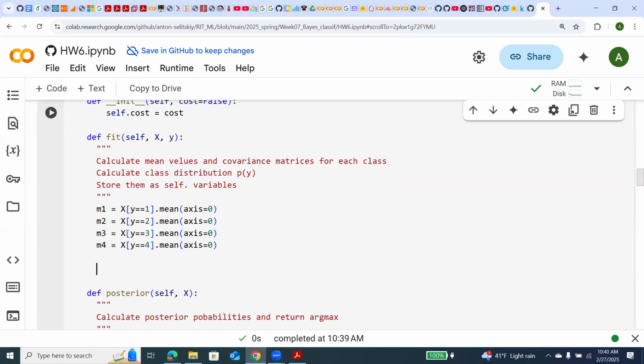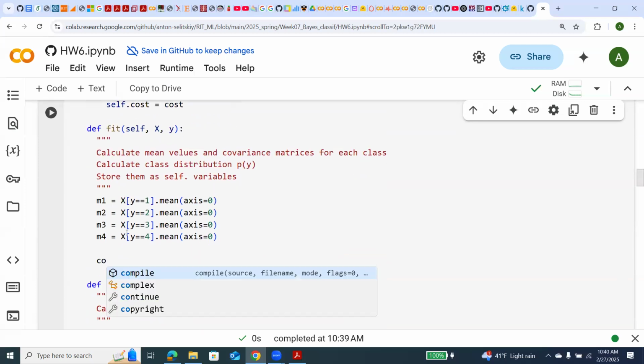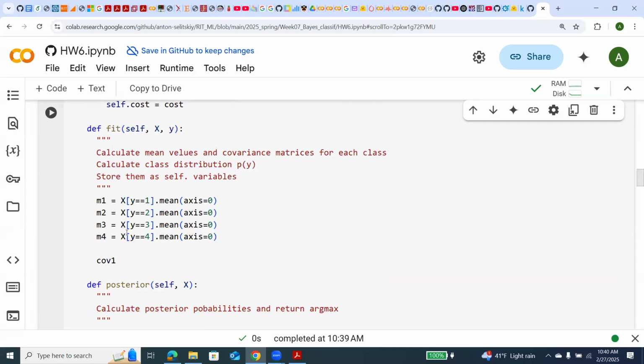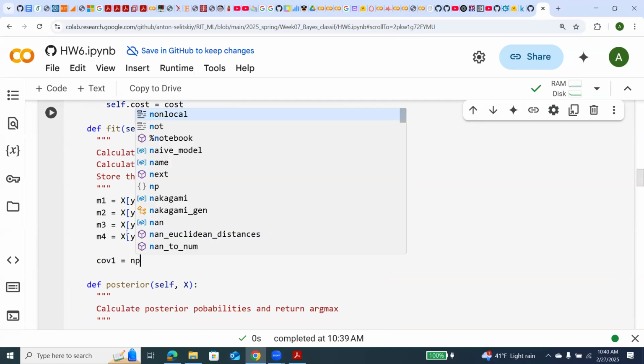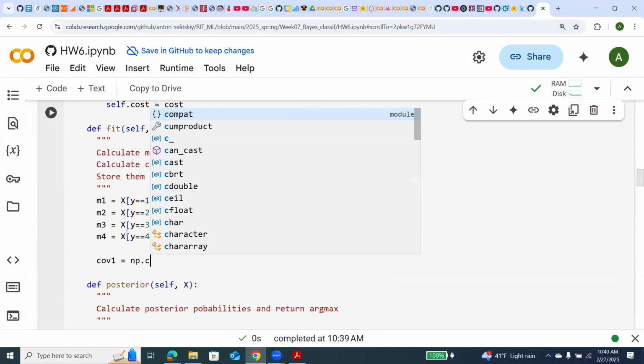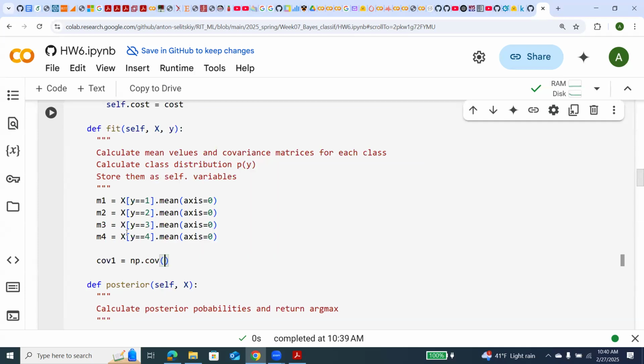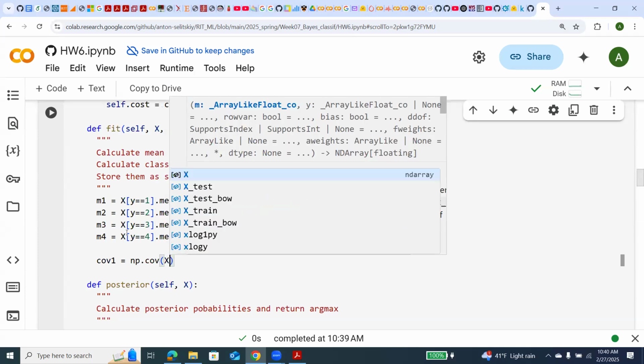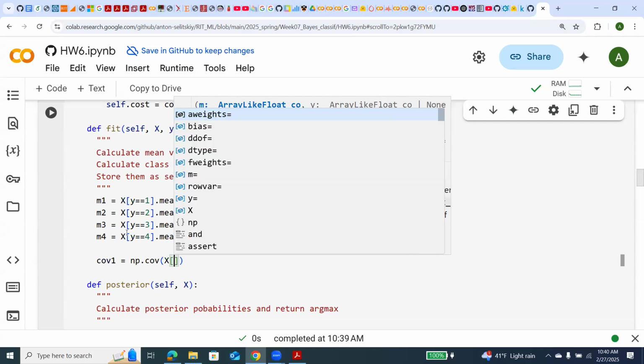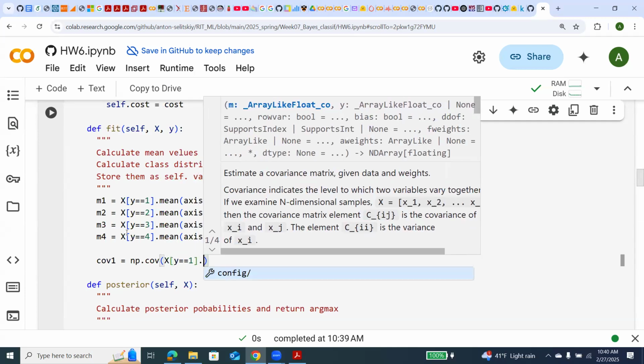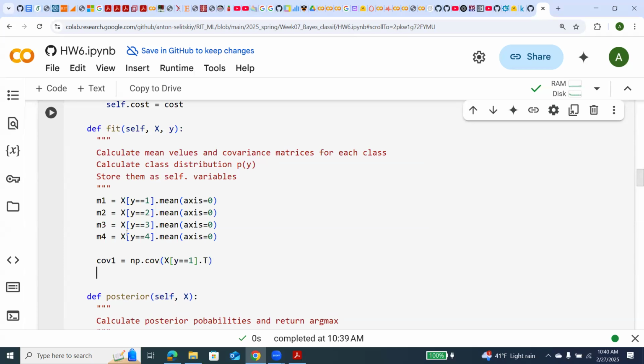Then you calculate covariance matrices for class 1, class 2 and so on.